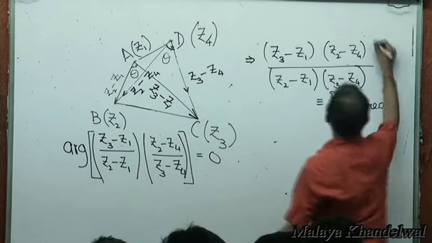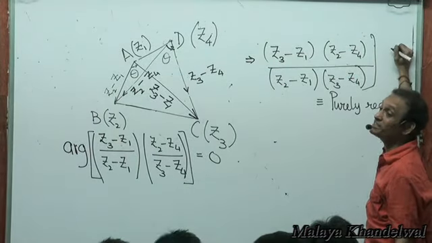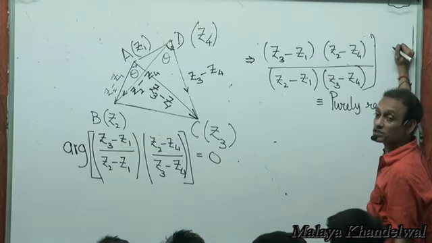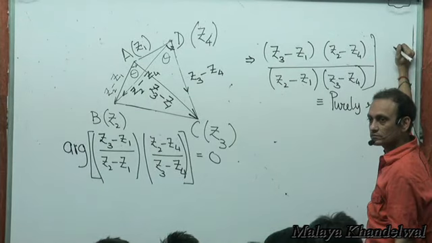If this ratio turns out to be purely real, then the quadrilateral ABCD turns out to be cyclic. Right?